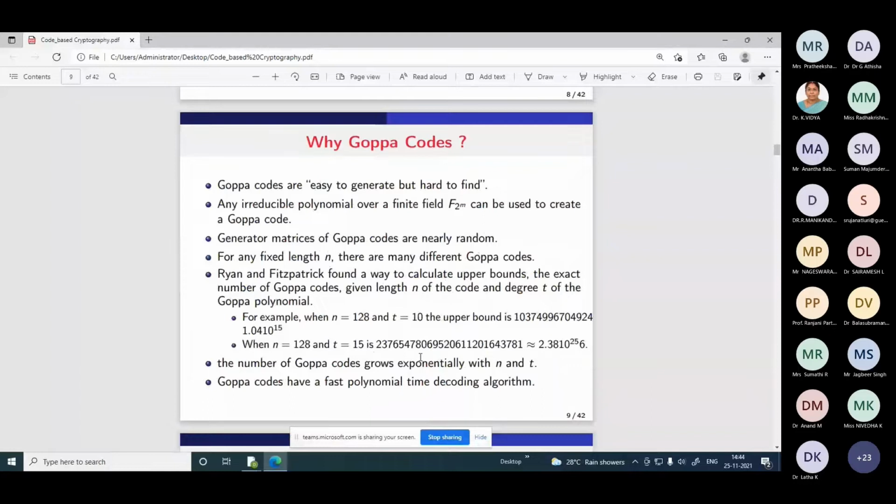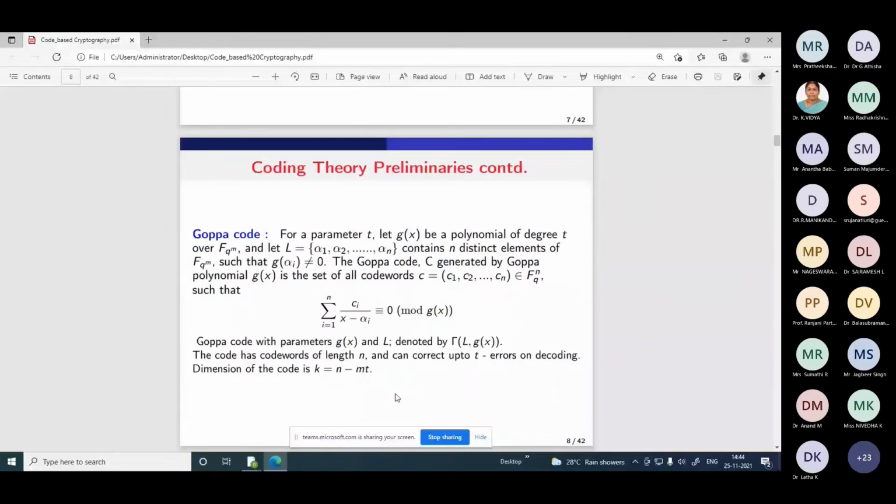Why are we using Goppa codes? Goppa codes are easy to generate. If you know a polynomial, that is an irreducible polynomial, I'm not going much deep into mathematics. Here we are choosing a polynomial, as I have told, that must be an irreducible polynomial that cannot be factored, as with integer factors.